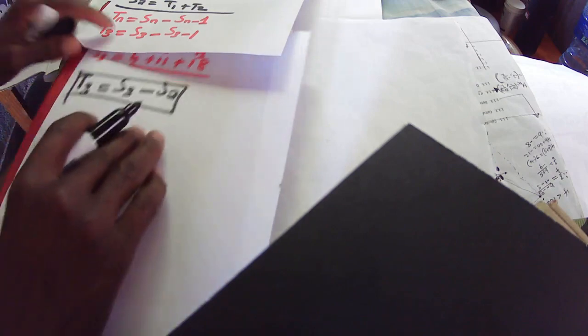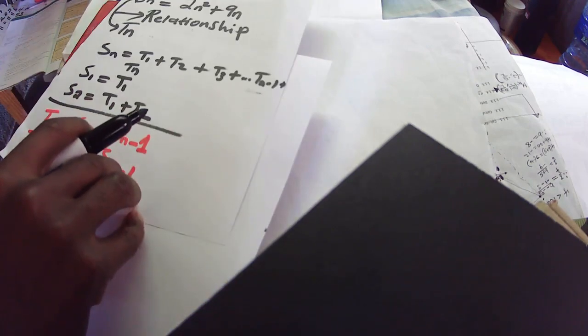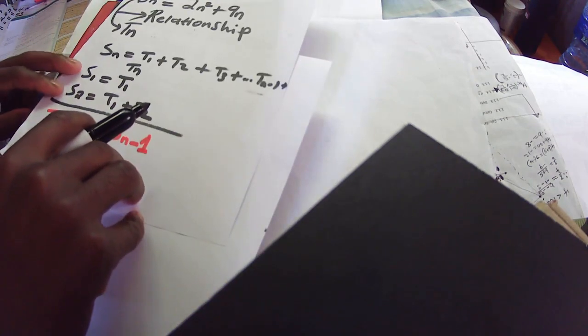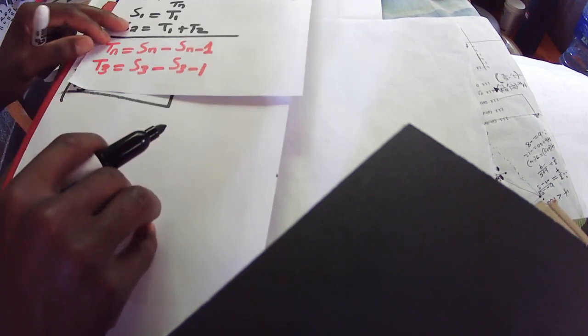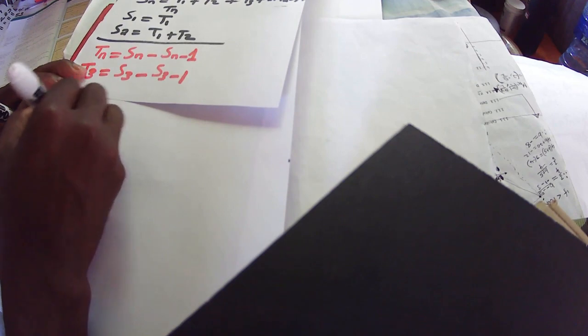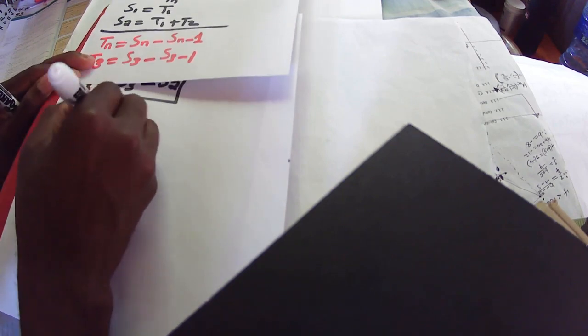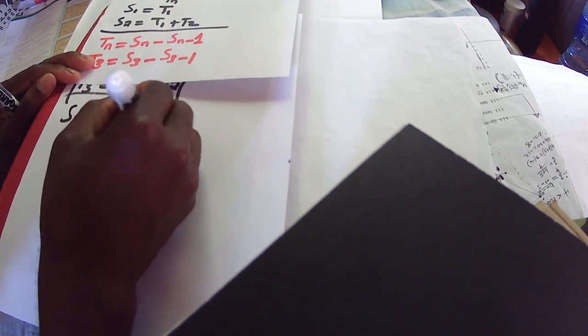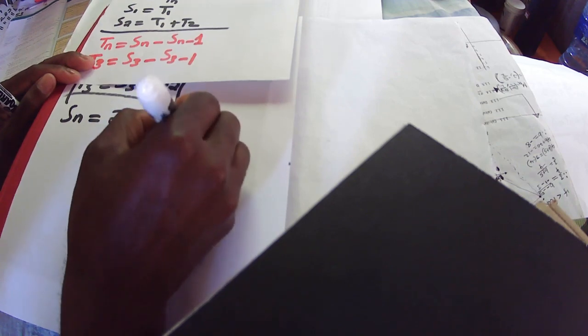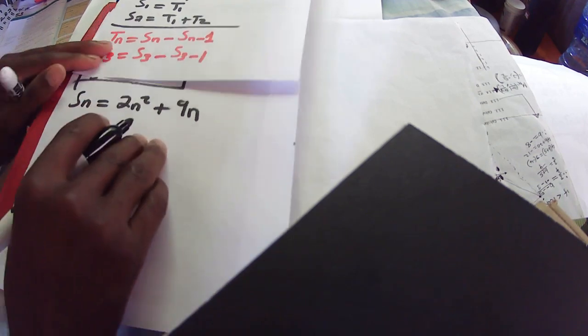Let us try and attack this question. The question states that Sn is equal to 2n squared plus 9n. So you're going to get the sum first.